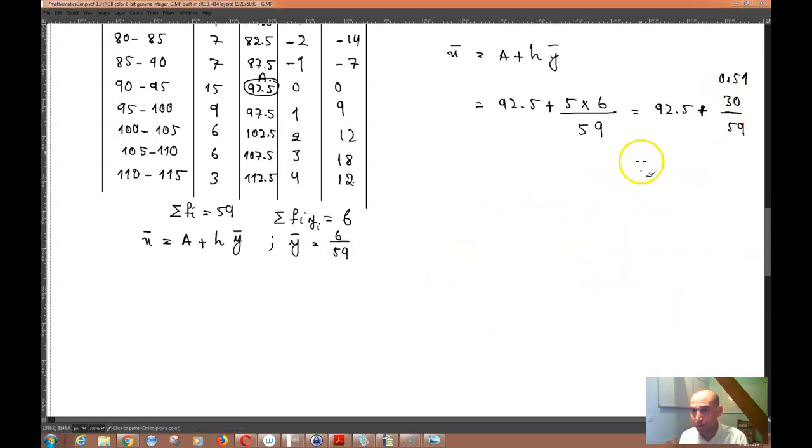And so you can add the two numbers together, 92.5 plus 0.51. You can write this, but you cannot really use it in your data because you don't have that much precision with this number.